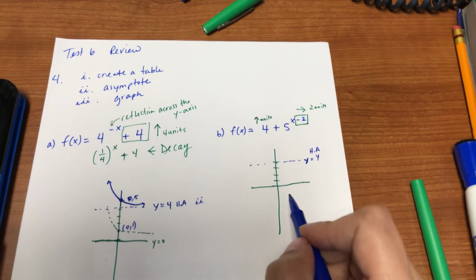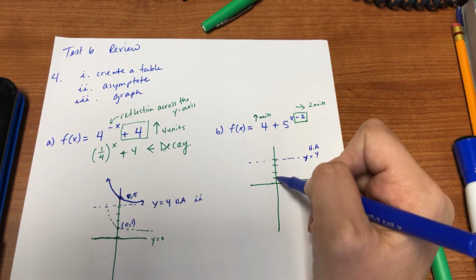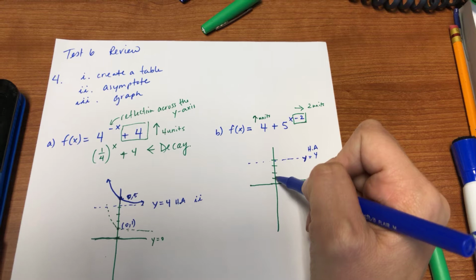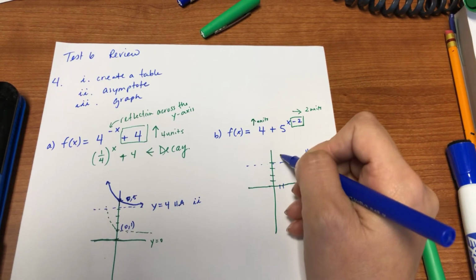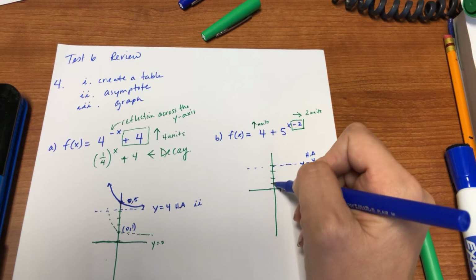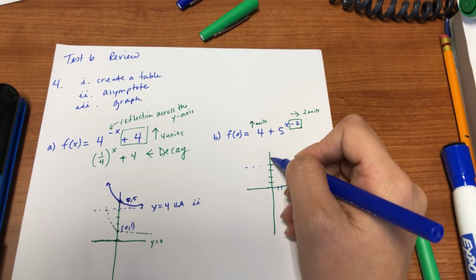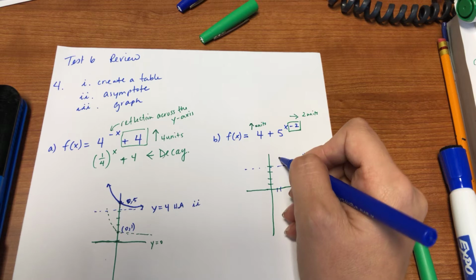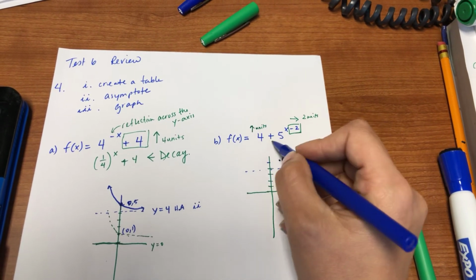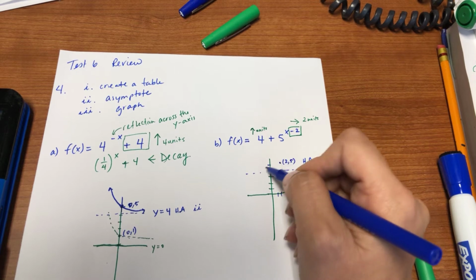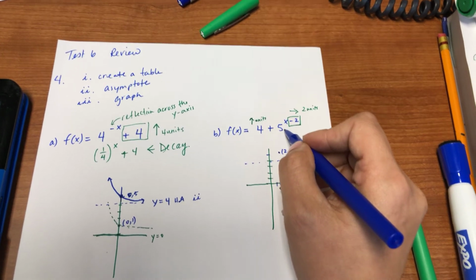The only thing that's different now is my key point of 0, 1 is going to go up 4 units again, but now it also shifts to the left 2 units. So my key point that was at 0, 1 will now be at -2, 5. And we have a growth, not a decay, in this problem. How do I know the difference?